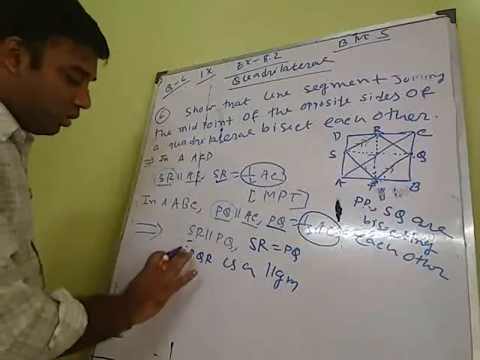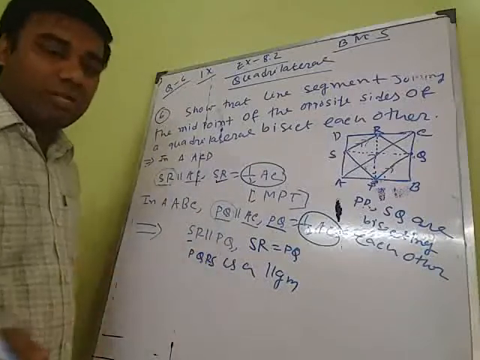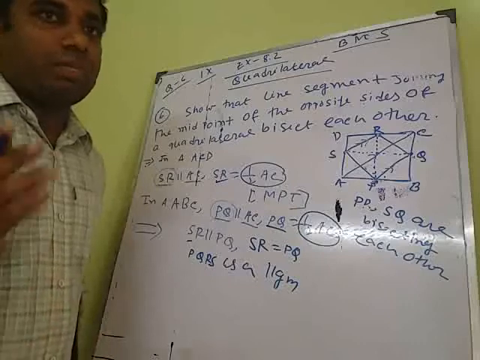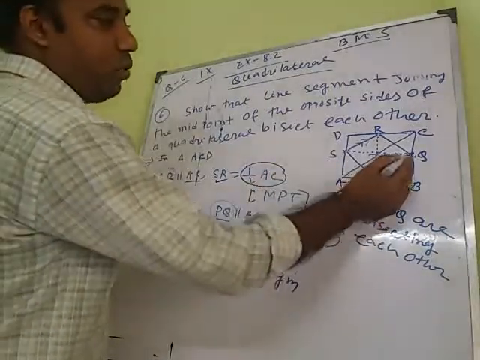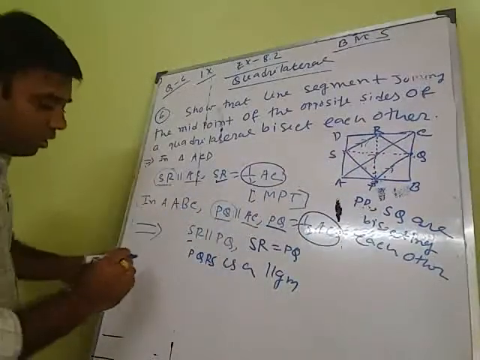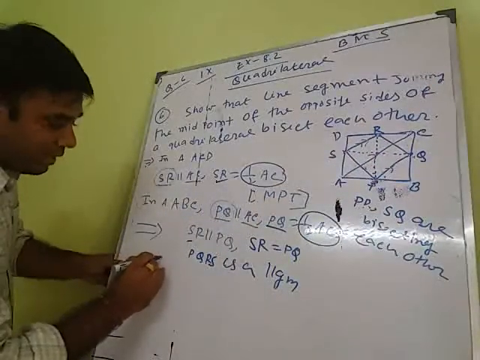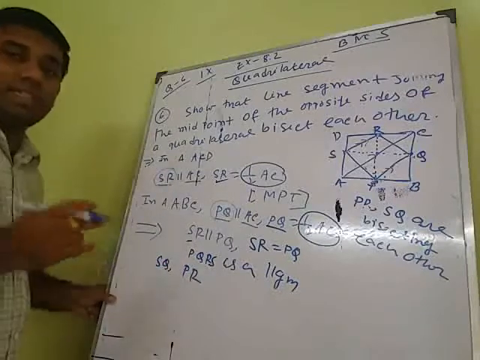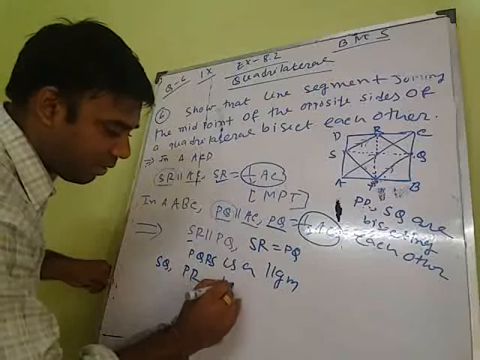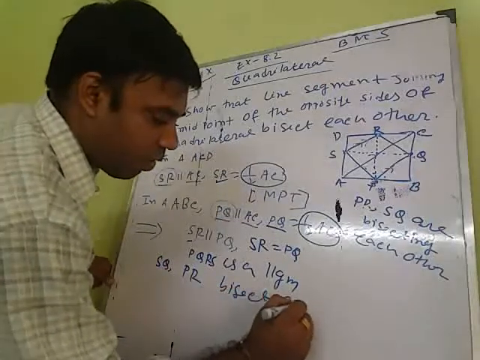Now students, we know that diagonals of a parallelogram bisect each other. As PQRS is a parallelogram, therefore SQ and PR, these are the diagonals, bisect each other.